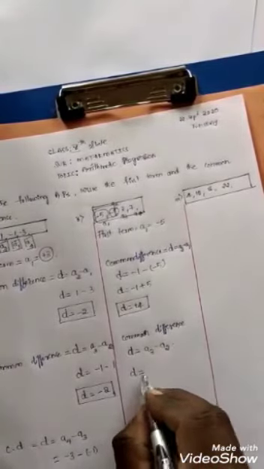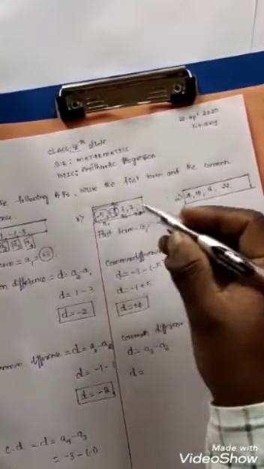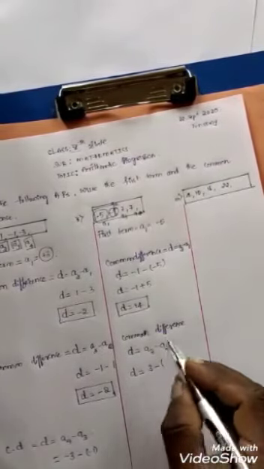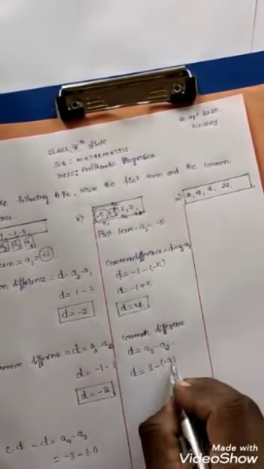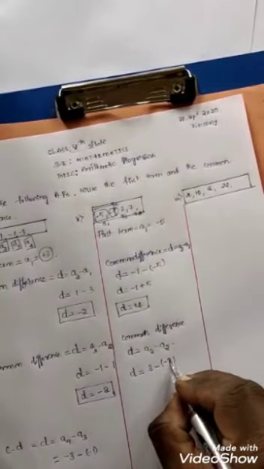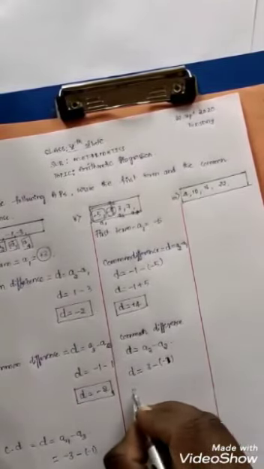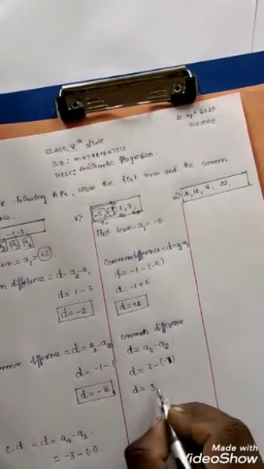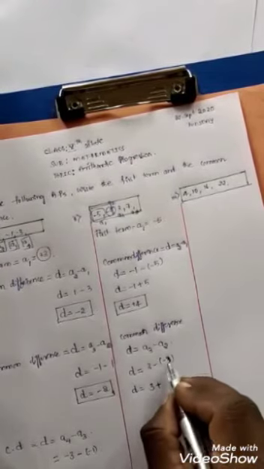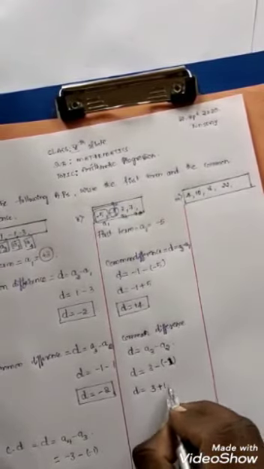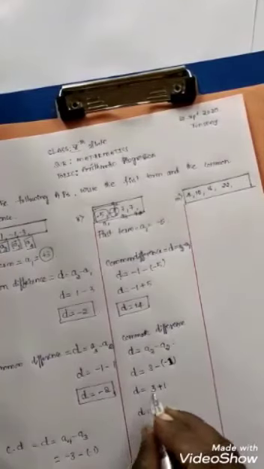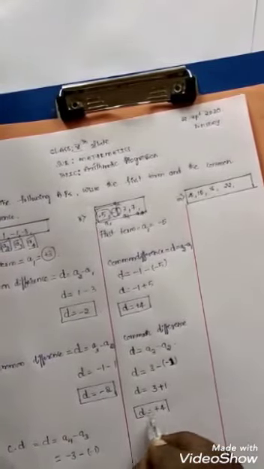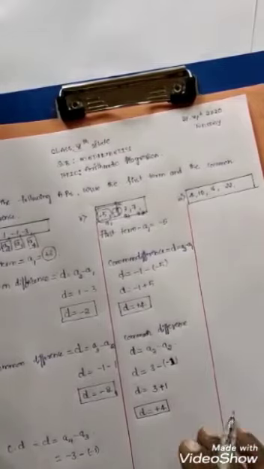So d is equal to A3, which is 3, minus A2, which is minus 1. Hence we get d equals 3 minus into minus, plus 1, that is plus 3 plus 1. We get d is equal to 4.